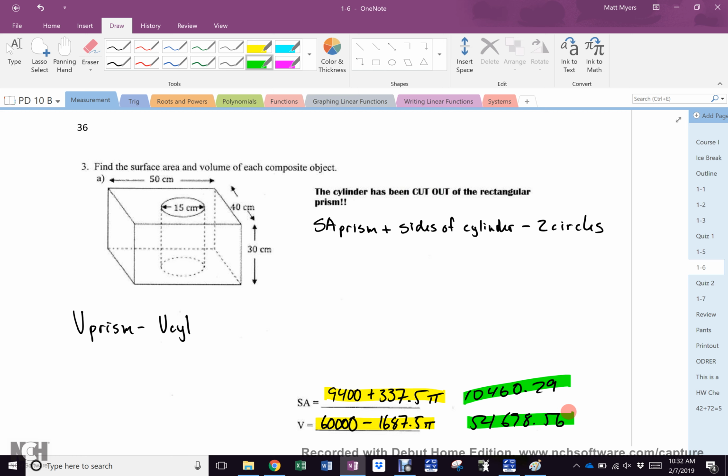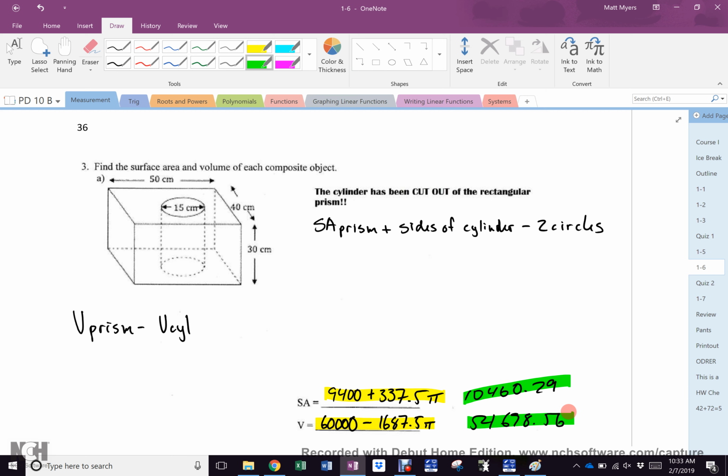All right. As always, if you write it down and you know what you are doing, it is impossible to do it wrong. I told you what is happening there. There is a rectangular prism and a cylinder has been cut out of it. If this cylinder wasn't here, you would have the surface area of a prism, yes?